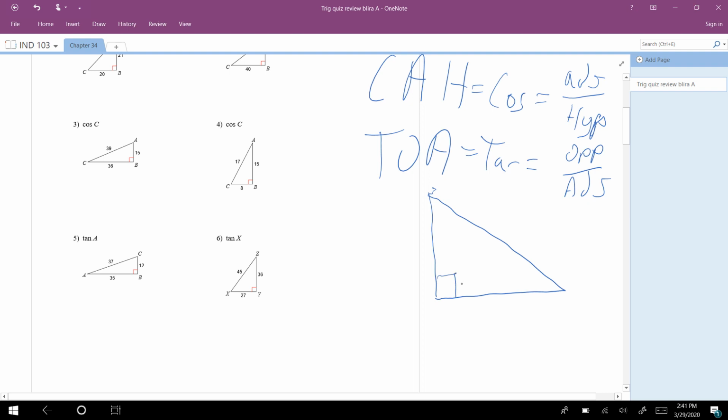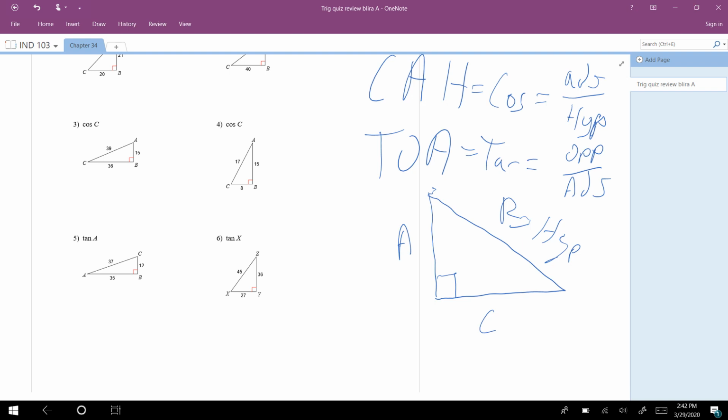I'll label it A, B, and C. That is a funky looking B, but we'll go with it. Here we're looking at a right triangle. If I asked you what the hypotenuse was, you would say B, because it is opposite that right angle. You'd be correct. Now, how do I determine what is adjacent and what is opposite?